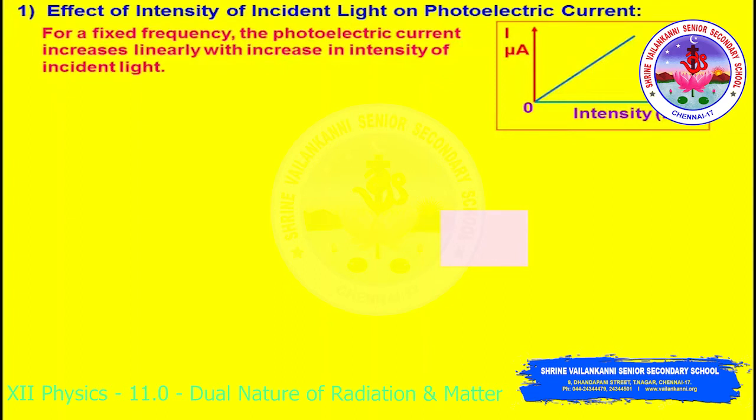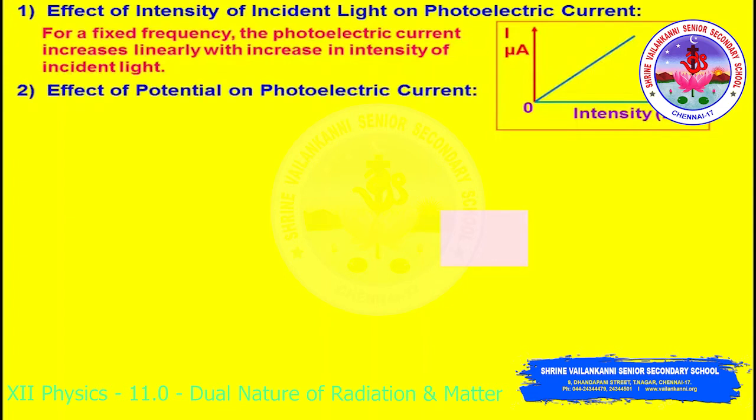You can see this through this diagrammatic representation. Since the photoelectric current is directly proportional to the number of photoelectrons emitted per second, this implies that the number of photoelectrons emitted per second is directly proportional to the intensity of incident radiation.